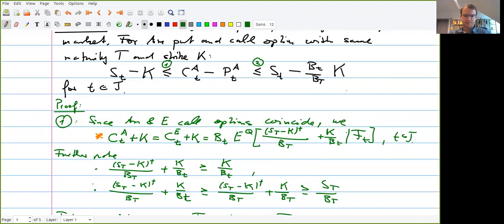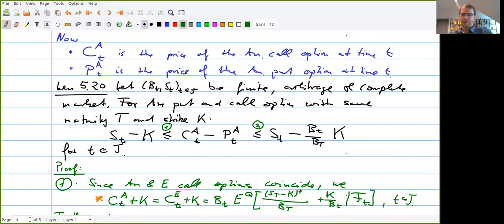If we go up here, so okay, we proved the rearrangement of it. So we proved that the price of the American call option plus the strike price K is greater or equal than the price of the American put option at time t plus the price of the risky asset at time t.